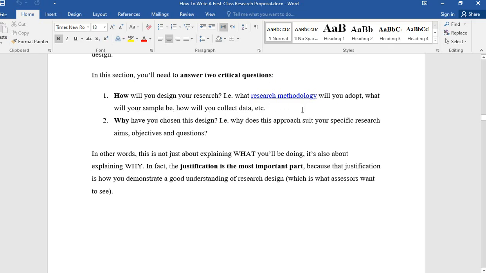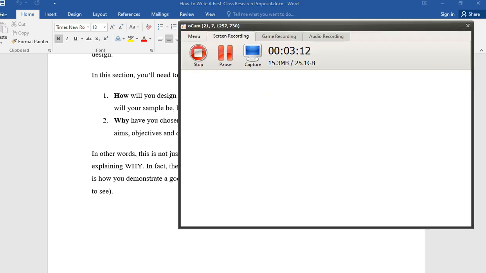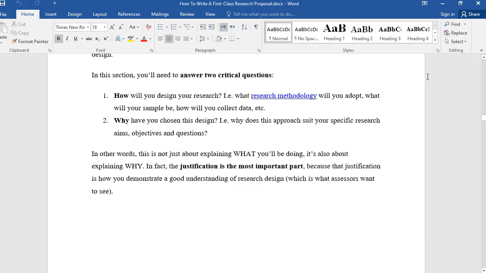You know that in the third section of your proposal, which is called methodology or research methodology, first you have to talk about the design of your study, and then you should say what would be your sample. How would you collect the information, or better say data for your analysis?